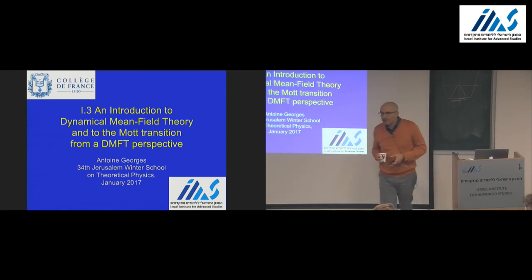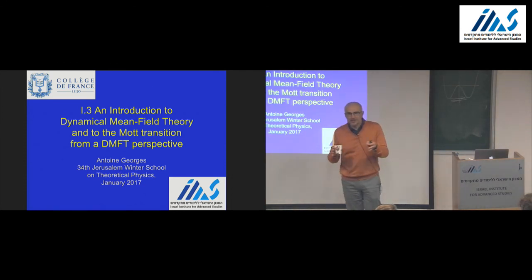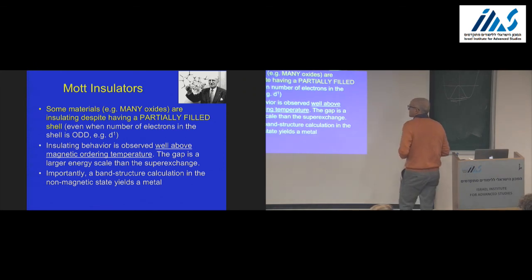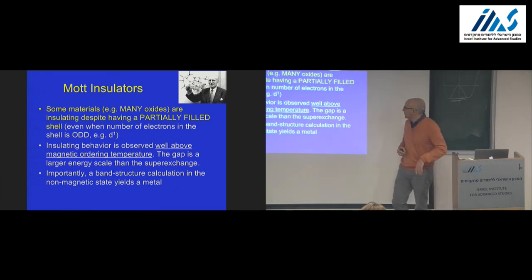So now I'm going to introduce you to dynamical mean field theory. And we are no longer going to live in zero-dimensional space. We are going to go back, say, to the Hubbard model, or even to a real solid if we want to. So let me start by reminding you of a few motivations for doing that.